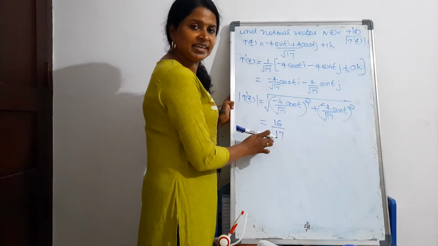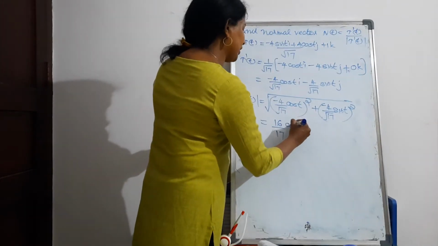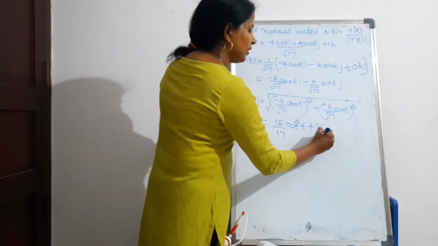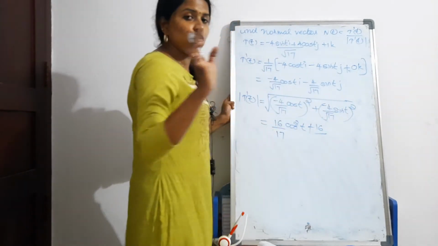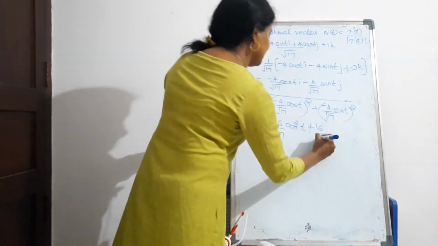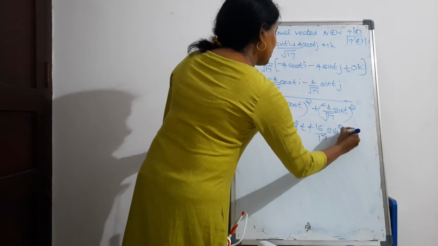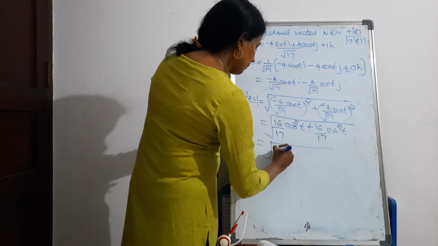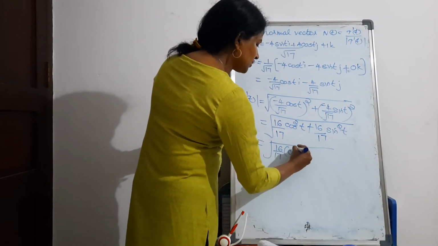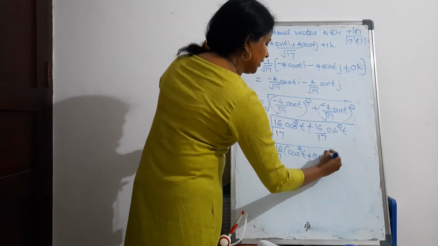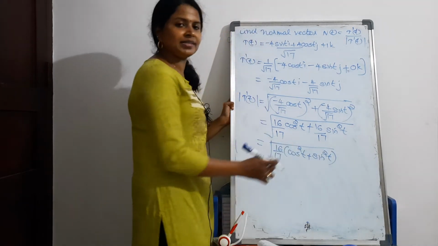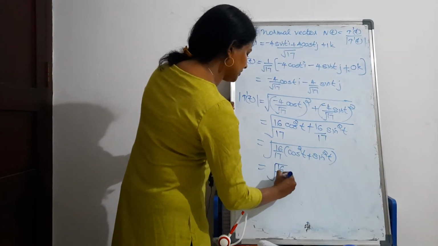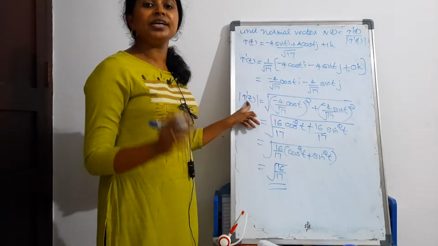That is 16 by 17 cos square t plus 16 by 17 sin square t, that is 16 by 17 into cos square t plus sin square t. Cos square theta plus sin square theta is 1. So it is root of 16 by 17. This is mod T dash t.